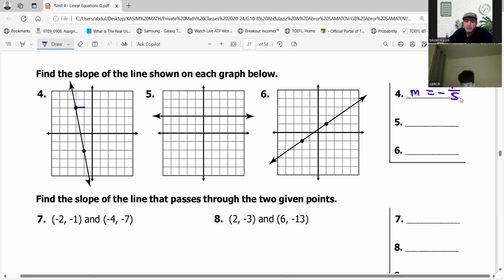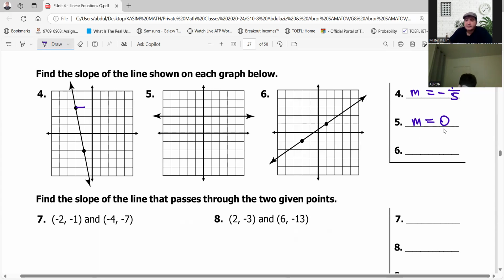Question 5. What is the slope of this line? The horizontal line, Abror, we have just studied. 0, right?